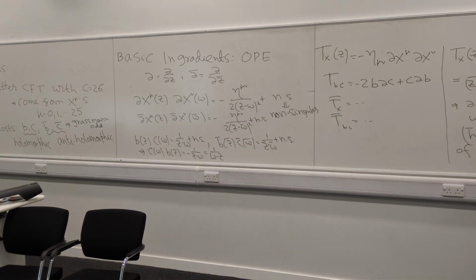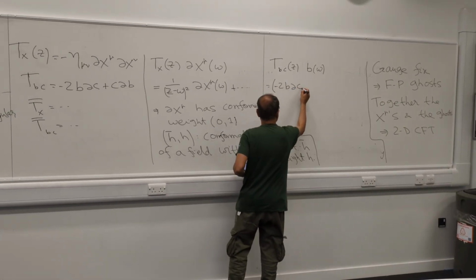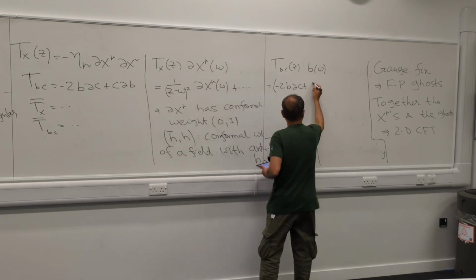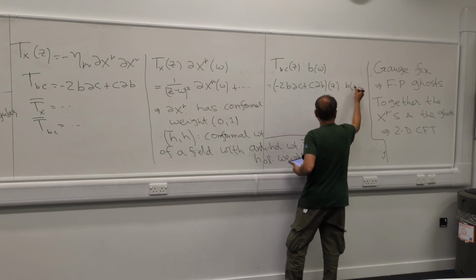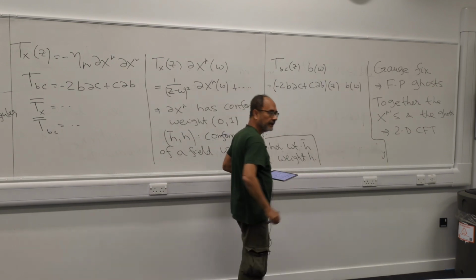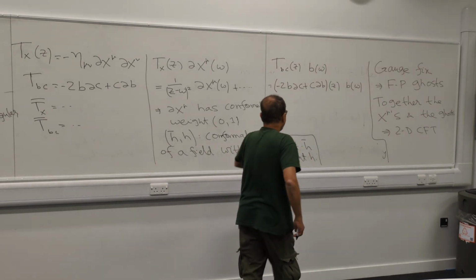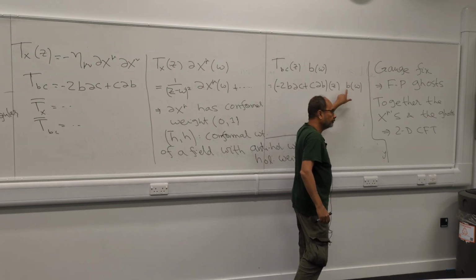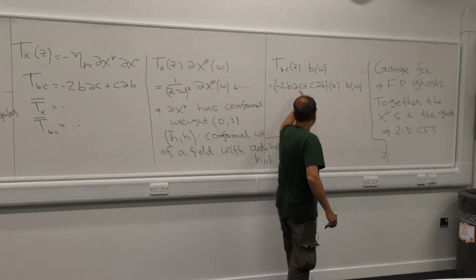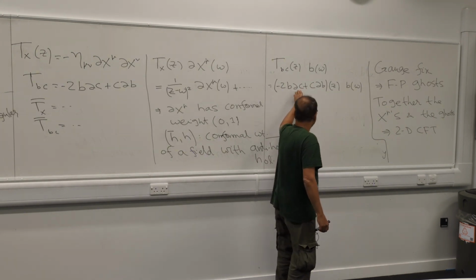So T_BC is minus 2b del c plus c del b, this is at z, and b of w. We can see that the leading singular piece will come from the OPE of derivative of c with b, because we are taking a derivative. So 1 over z minus w will become 1 over z minus w square, and there will be an extra minus sign.